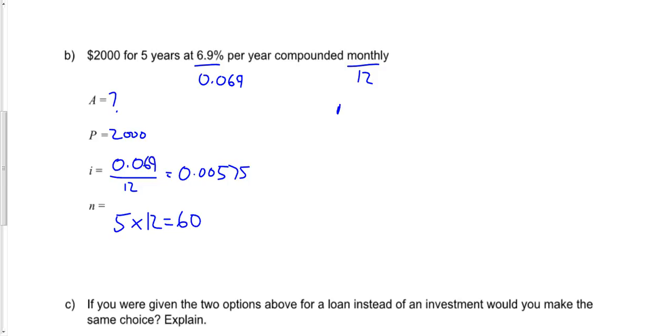So in this case, A is going to equal 2,000 times 1.00575 to the exponent 60.